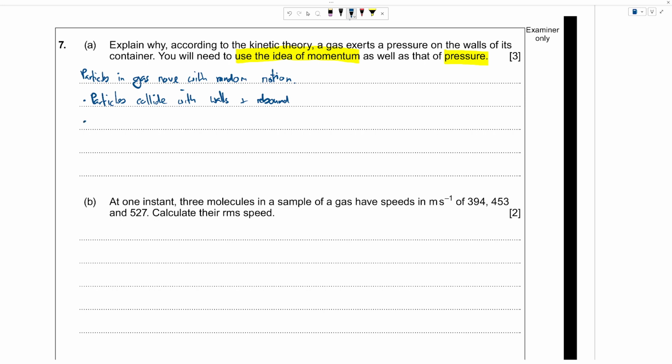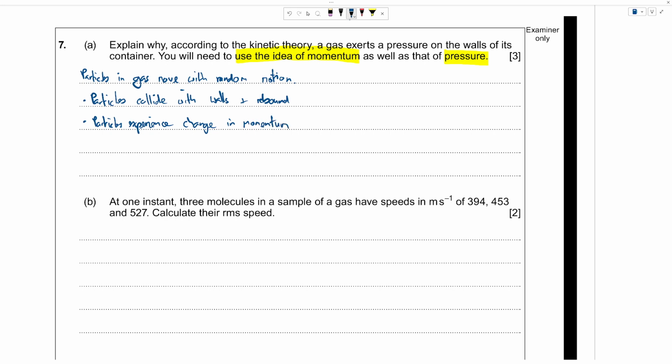Therefore, the particles experience a change in momentum. Oops, that's not quite how you spell momentum.